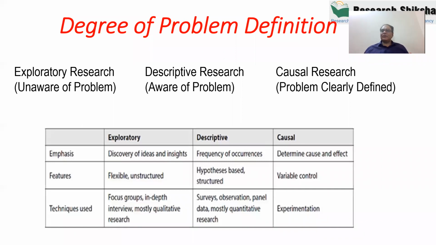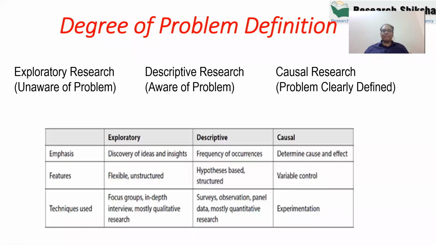So it is totally unstructured. Descriptive is structured because the problem is very clear and you have a specific plan to examine the hypothesis. And in causal, you know that you have to make different groups, control group and experimental group, and you conduct an experiment.